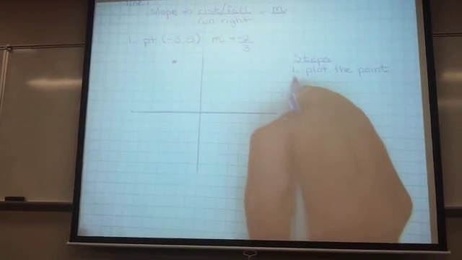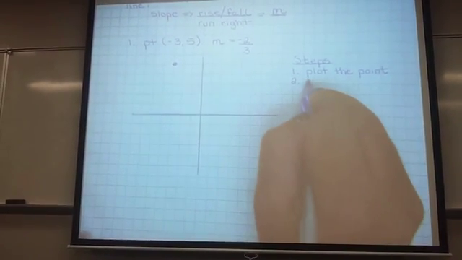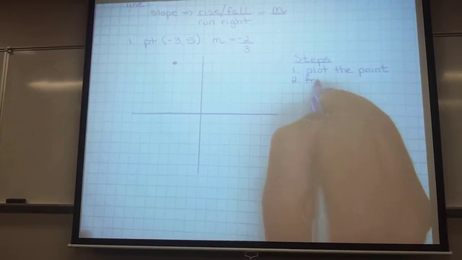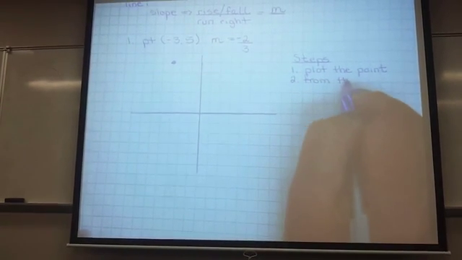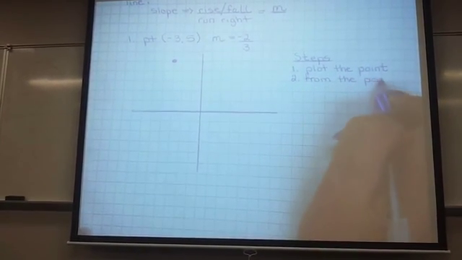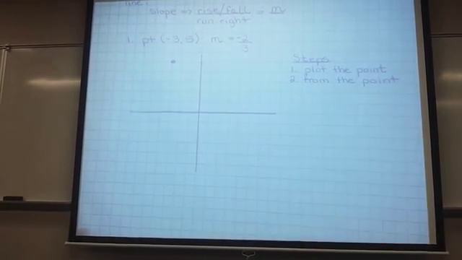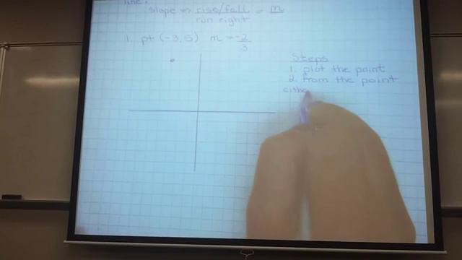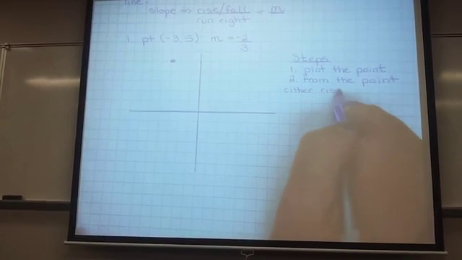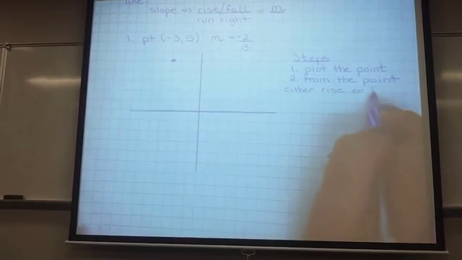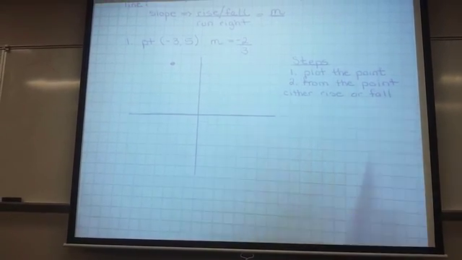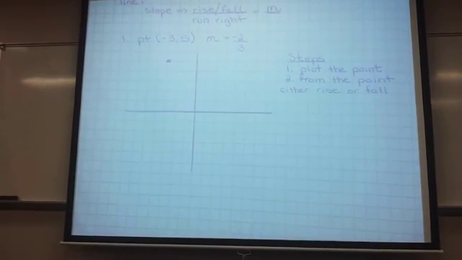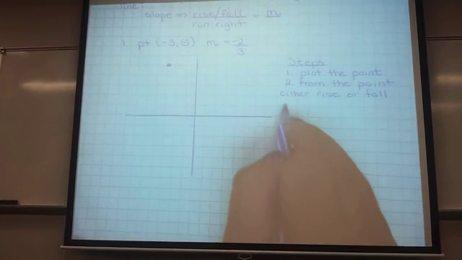Step 2, from the point, either rise or fall. In this case, we're falling, right? And let me just go ahead and write step 3 as well.